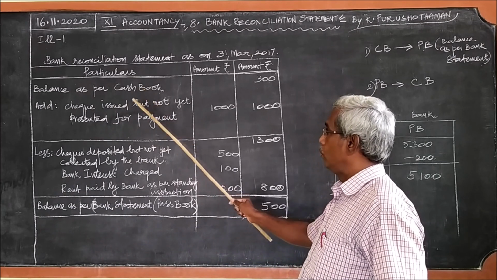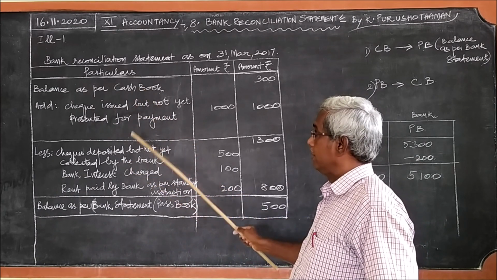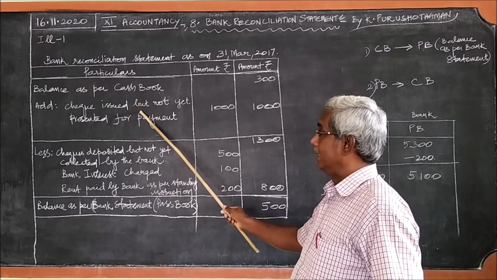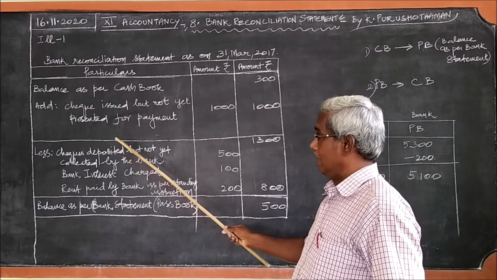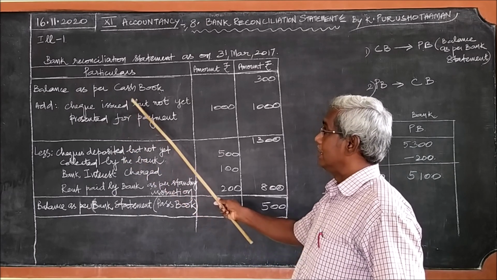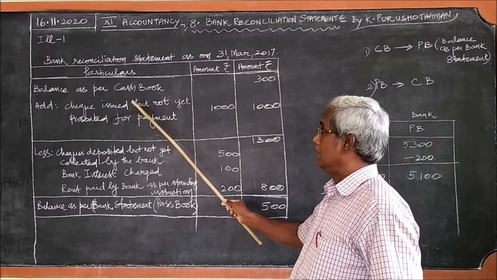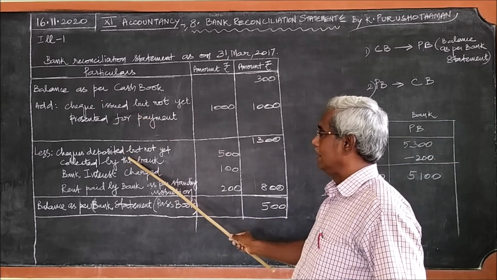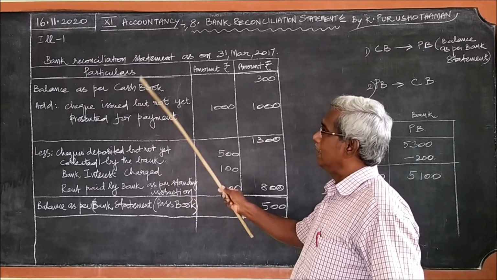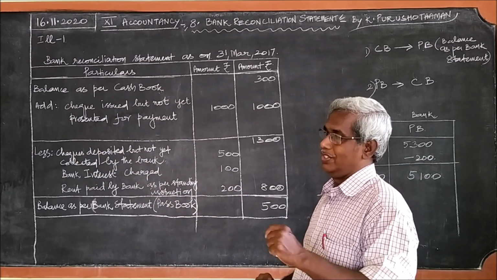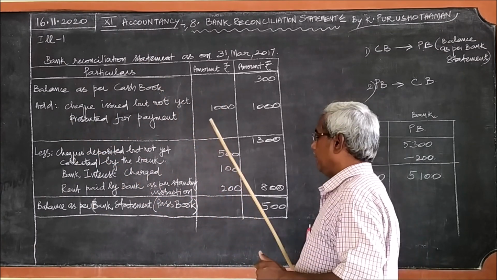These two are opposite points. If this appears in add, this appears in less. If this appears in add, that appears in less. Opposite to each other. Remember this well. Okay, good.